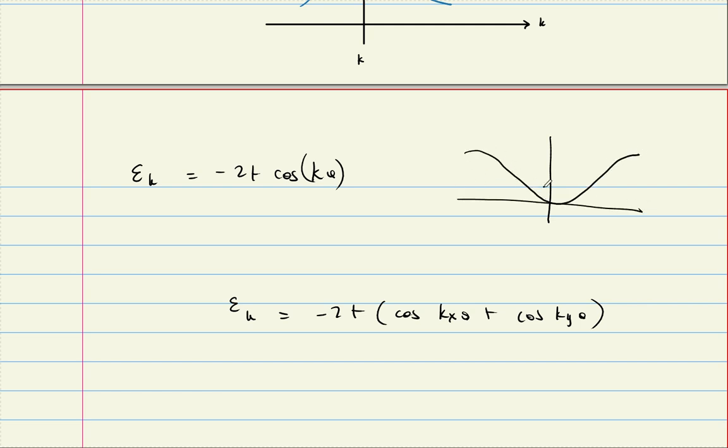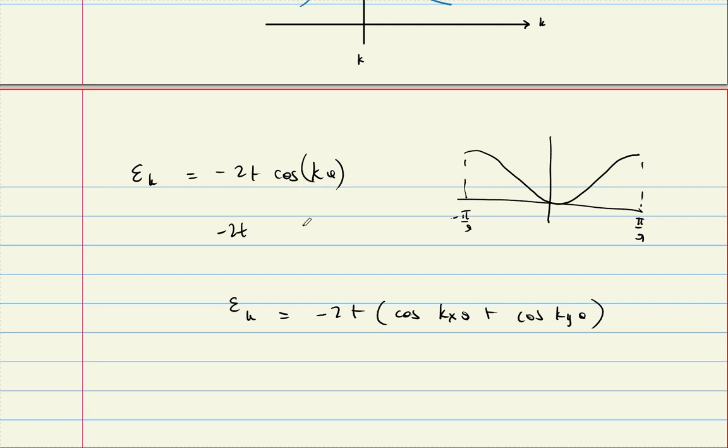Right, and for the cosine, the boundaries are minus pi over a to pi over a, and the minimum energy, if you put k equal to 0, is minus 2t, and the maximum energy is if you put k equal to pi, right?